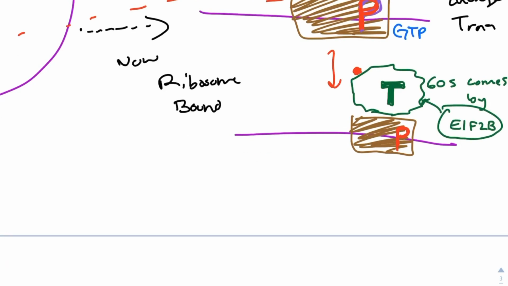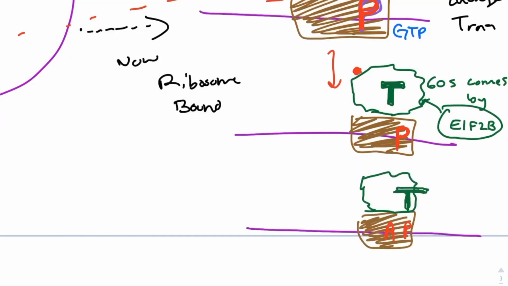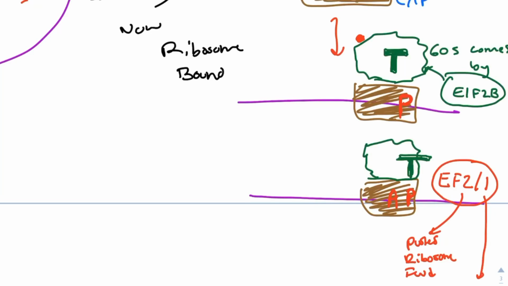Now, what's next? What we have to do is go A, then P, then P, then A, then go back to P. So how do we do this? Another important protein, the EF2 and EF1 proteins. Don't get this confused with E2F. E2F is a transcription factor protein. EF2 is a translation factor protein.